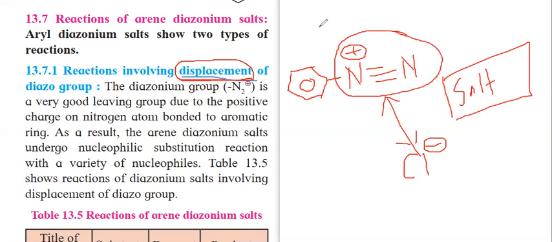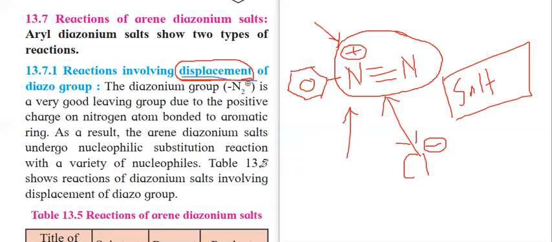This is the reason, because of this positive charge. As a result, arene diazonium salts undergo nucleophilic substitution reactions, meaning simply a substitution of this group by another group, with a variety of nucleophiles.